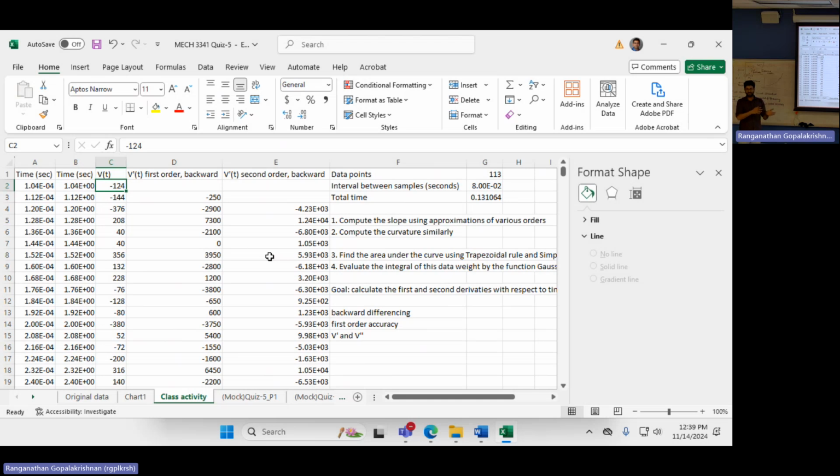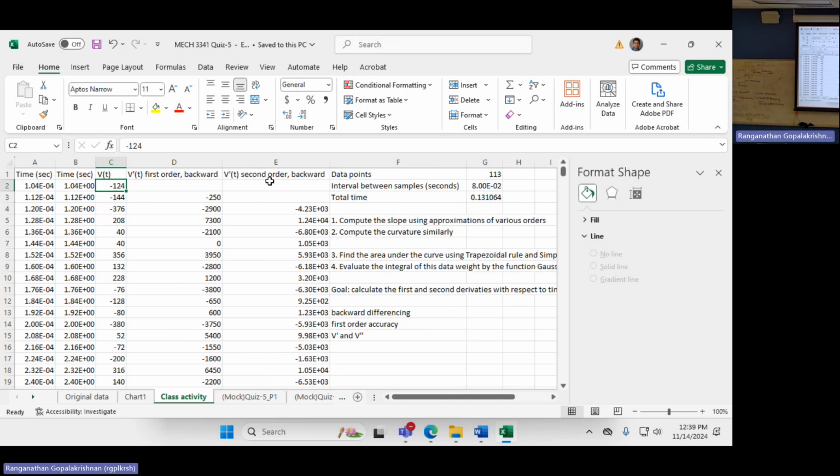Or current, it's not the current, it's the di dt that you care about. Okay. All right. And I assume that if I tell you instead of first derivative, get me second derivative with different accuracy, you can now do this. It's all permutation combination.